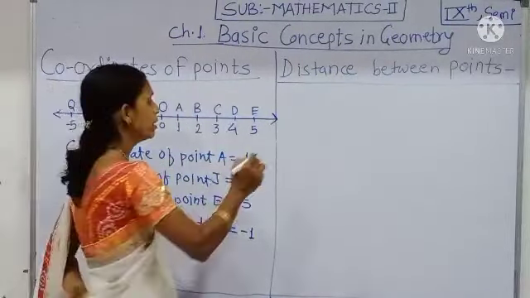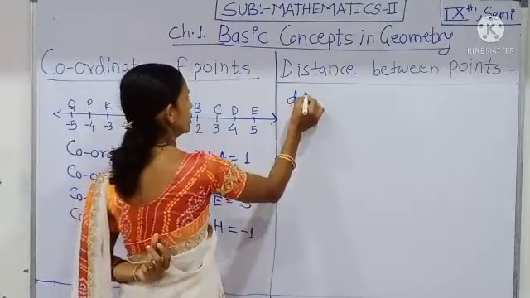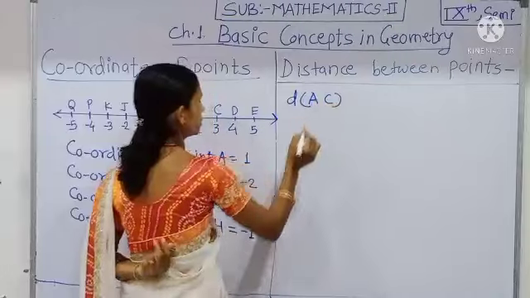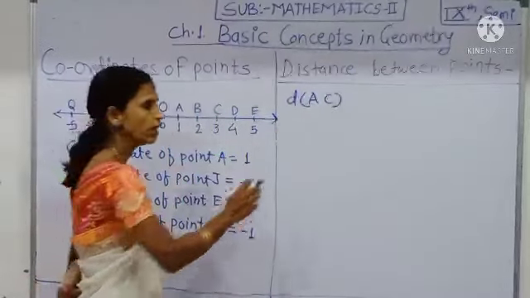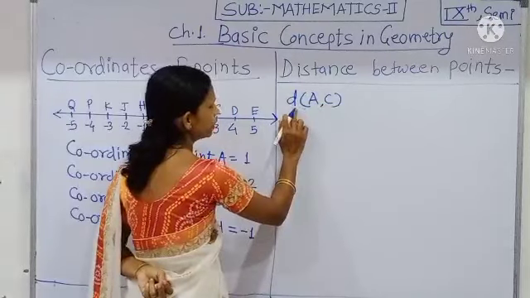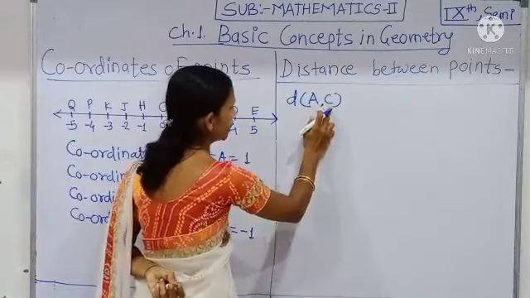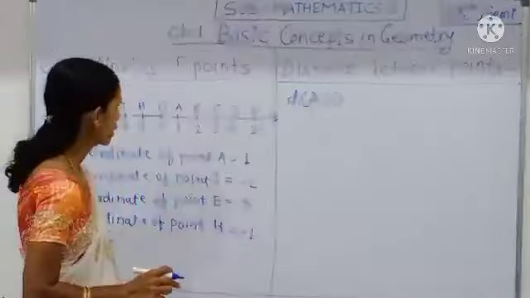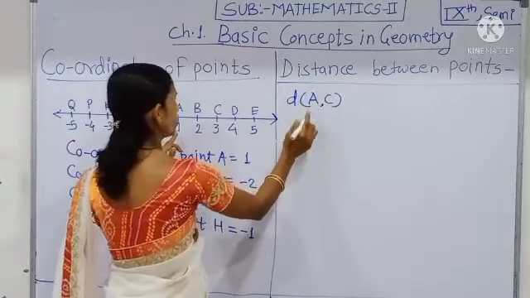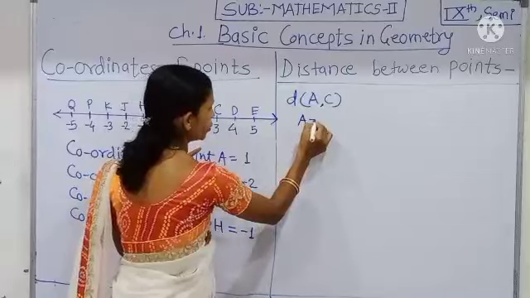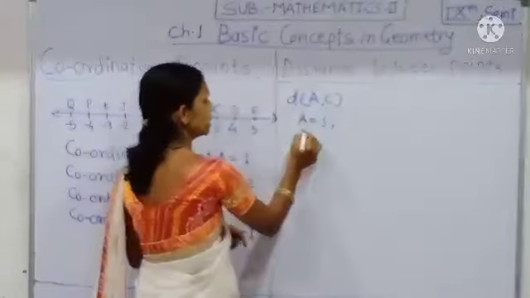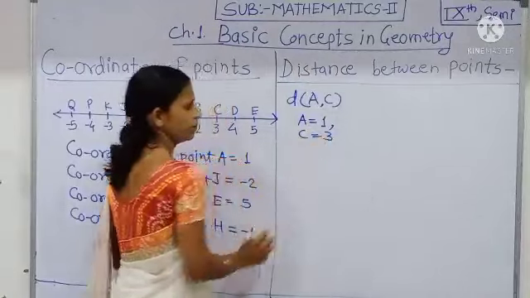Let us find the distance between points A and C, that is written as DAC, the distance between point A and point C. First we write the coordinate of A. Here the coordinate of A is 1 and the coordinate of C is 3.